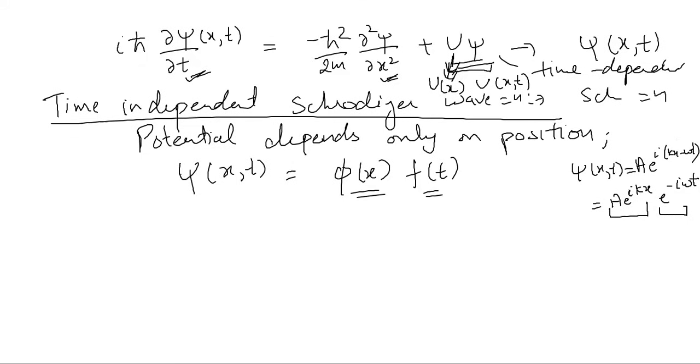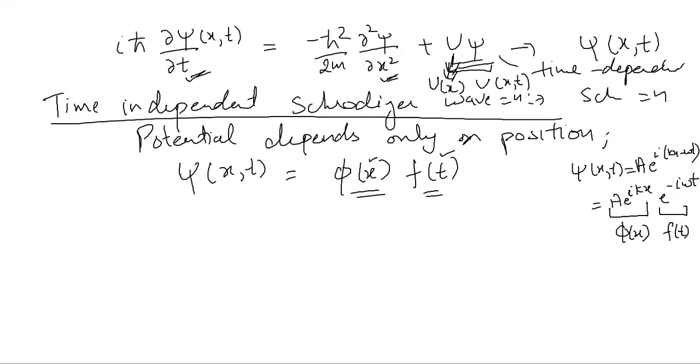Now, if you have a potential that depends only on the position, let's say this is your phi x and this is your f t here. What would happen if, I'm repeating that again, if you have the potential which only depends on the position, then you can break the equation into two parts, one which is a function of position only, the second which is a function of time only.